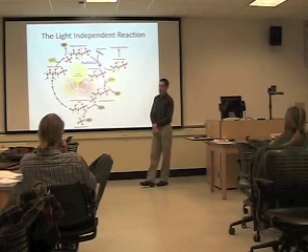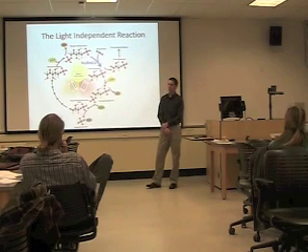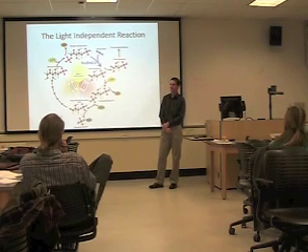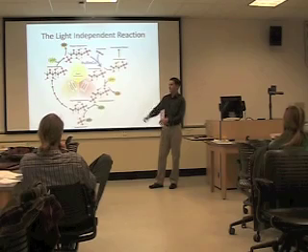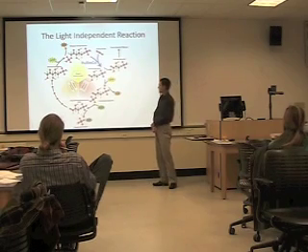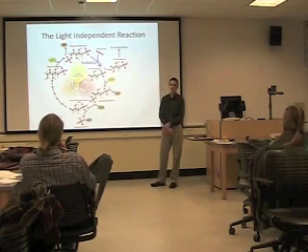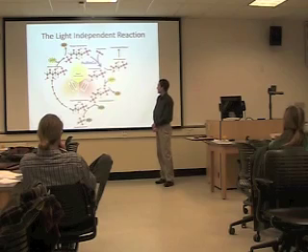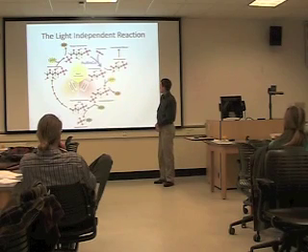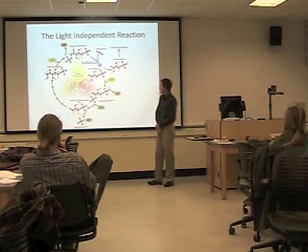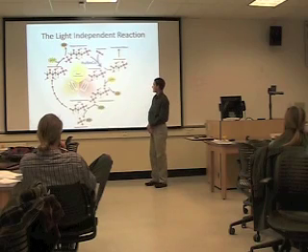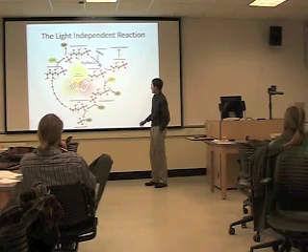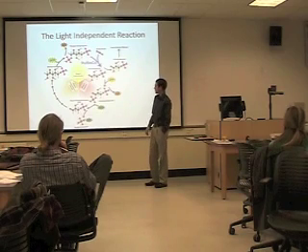Do we remember what the purpose of photosynthesis is? Why plants even photosynthesize? To get energy? Okay, and how is that energy stored? In the glucose molecules. Okay. So in order for plants to do this, we have to be able to make sugars.